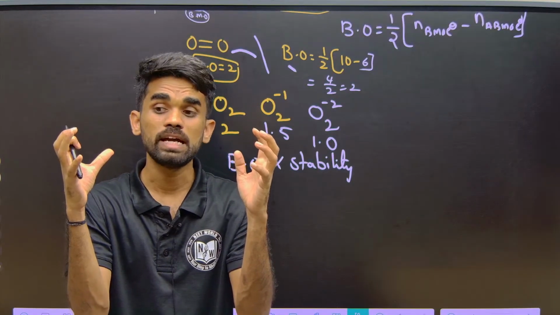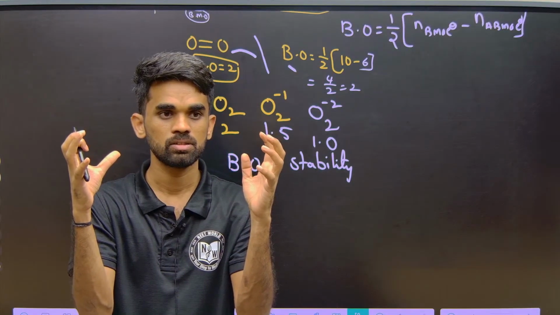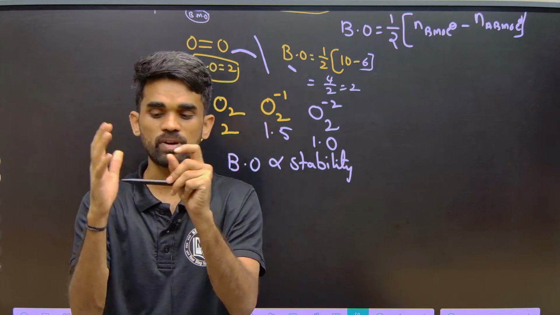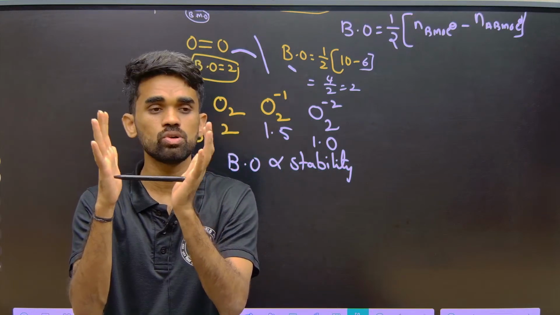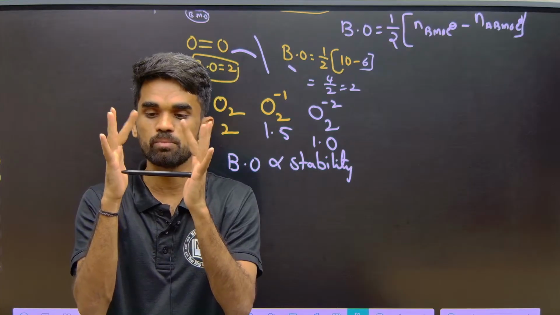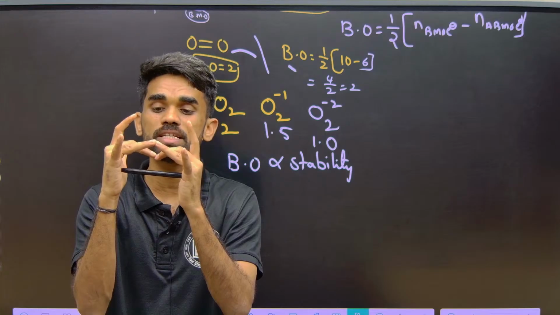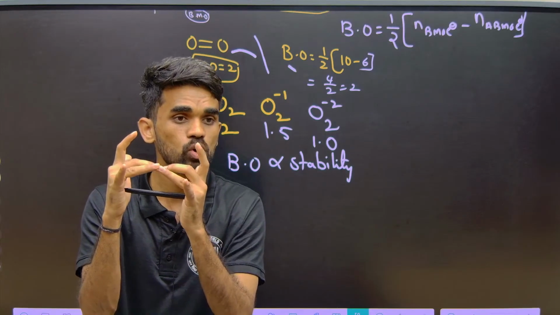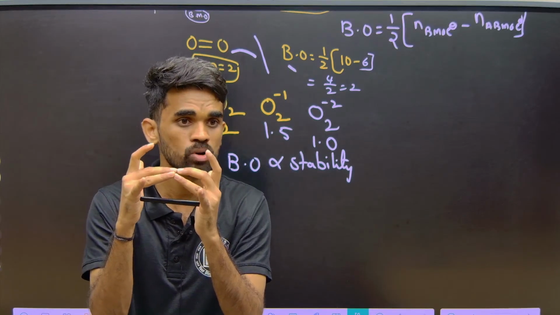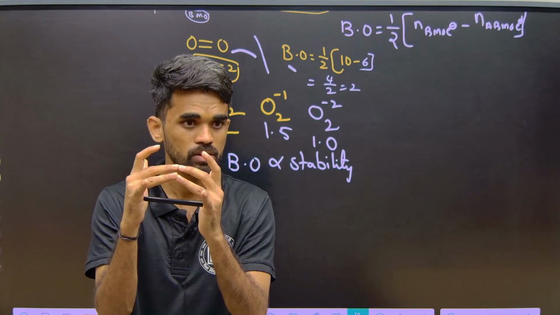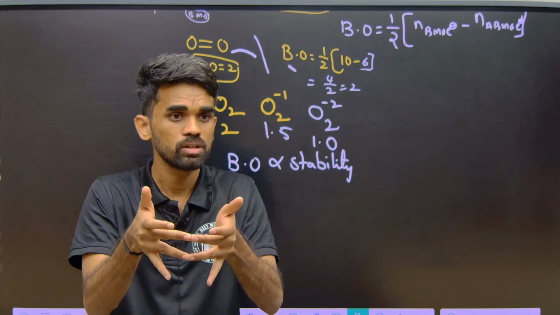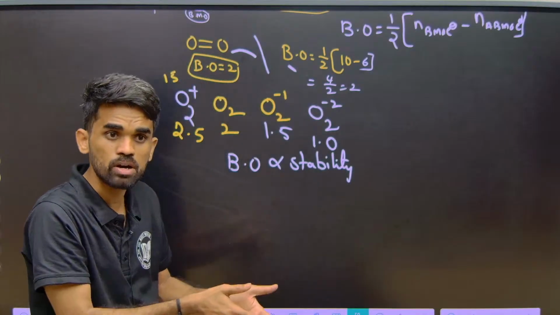What about its bond strength? See, this is one atom, this is another atom. Between these two, the number of bonds is increasing: one bond, 2 bonds, 3 bonds. So the atoms come very close, so strength becomes more. Effectively they are bound tightly. So bond strength also increases. Stability increases, bond strength increases.